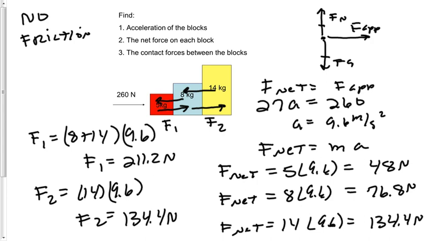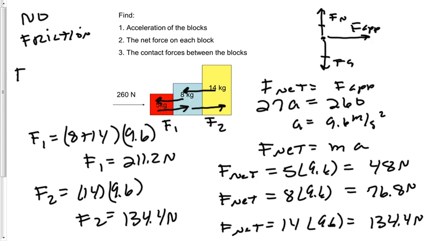We can test this to make sure it is correct by looking at the sum of the forces, maybe just on the 8 kilogram block. The sum of the forces on the 8 kilogram block is force 1 minus force 2. Force 1 coming at it and subtracting that. So let's try that.